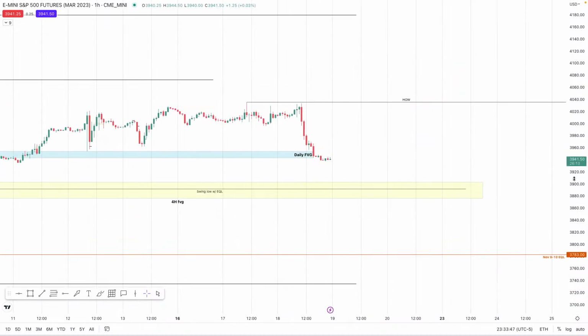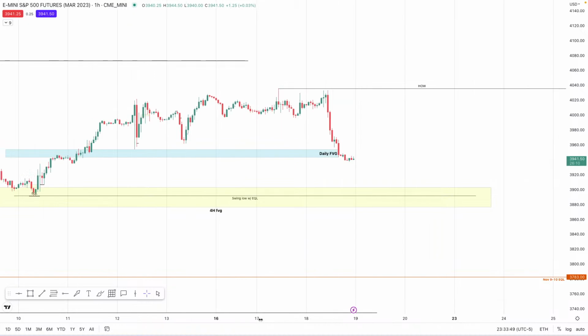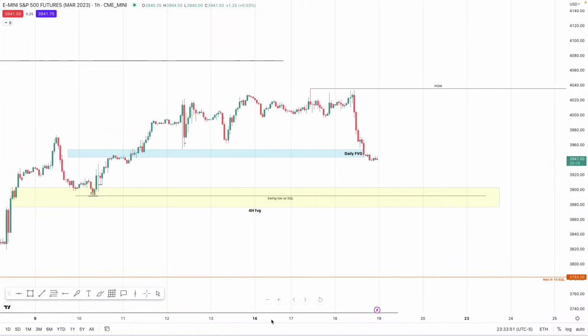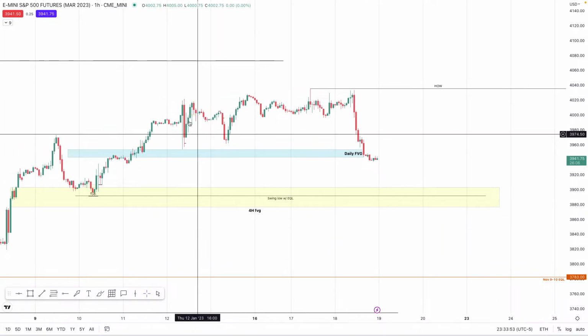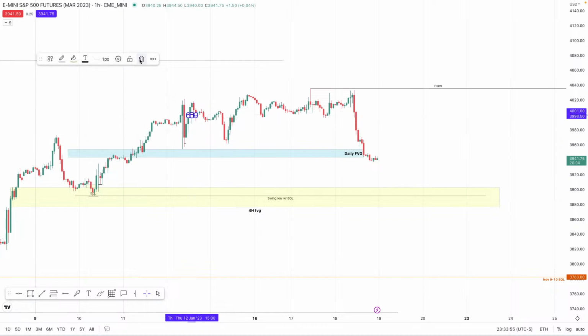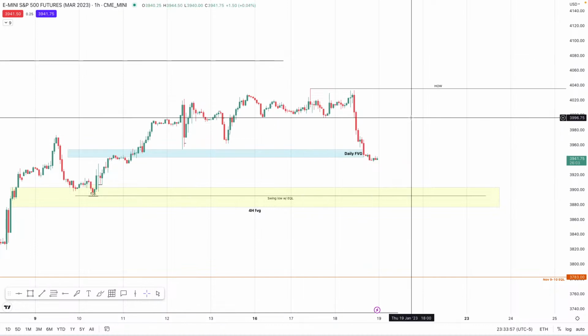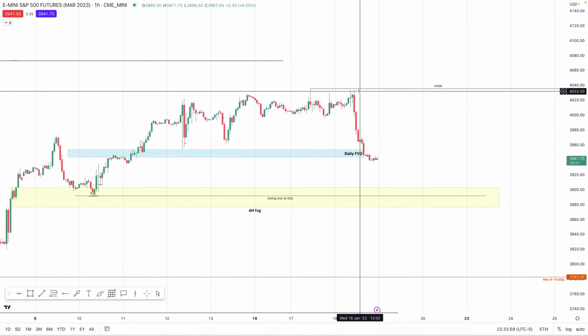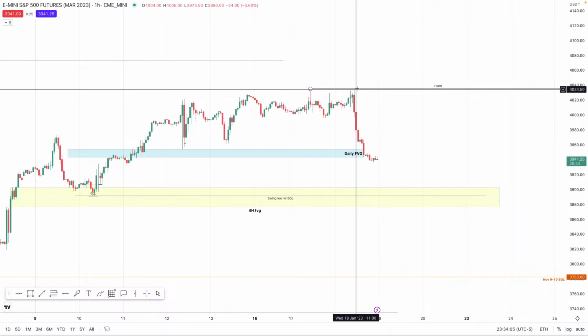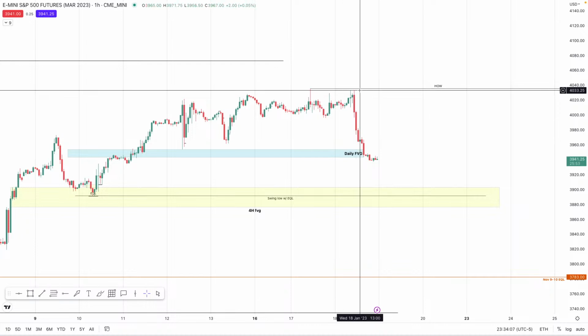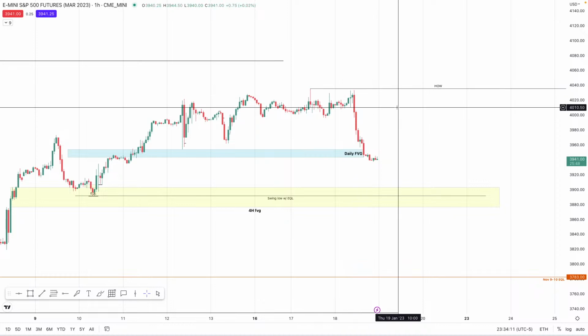Okay. Anything that I have on here that I can get rid of? All these old ones. So I have this high of the week, but I also mentally noted these equal highs right here, and it's so close to the high of the week that I feel like if it's pushing these equal highs, we're more than likely going to take out the high of the week.